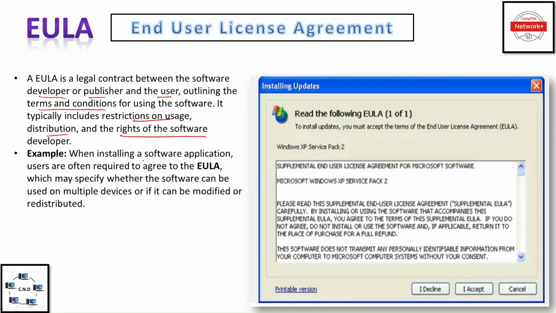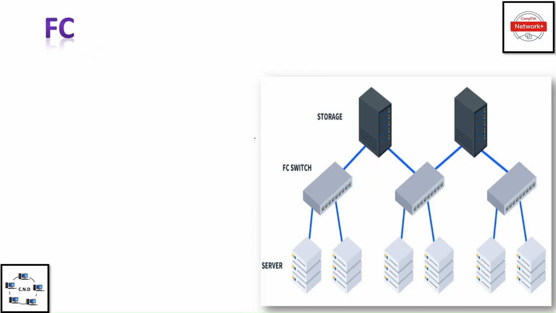For example, when installing a software application, users are often required to agree to the EULA, for example, this one, which may specify whether the software can be used on multiple devices or if it can be modified or redistributed.